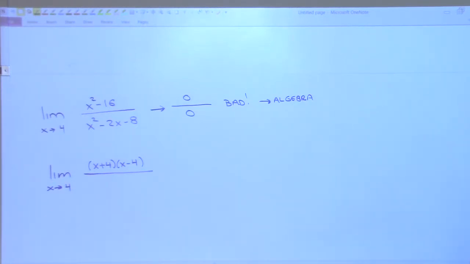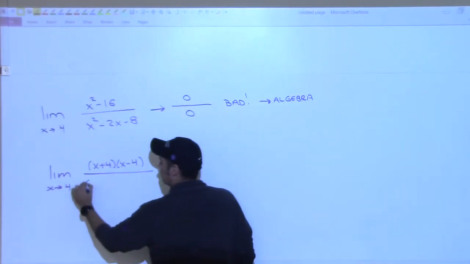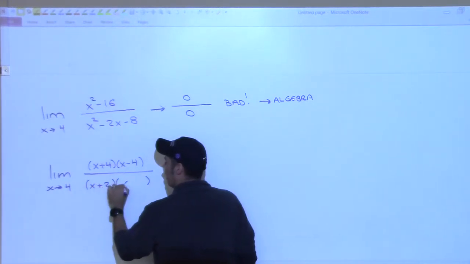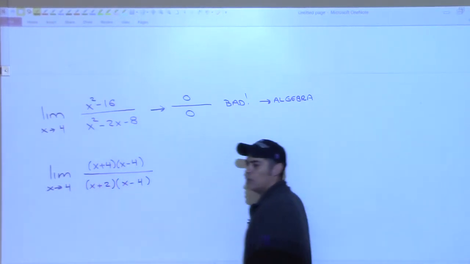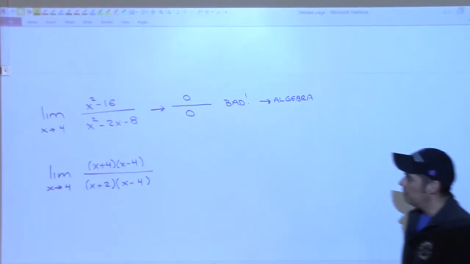So does that factor? How does that factor? x plus 2, x minus 4. So again, if the factoring part of this is trouble, this is where we need to get the defibrillator on you quick.